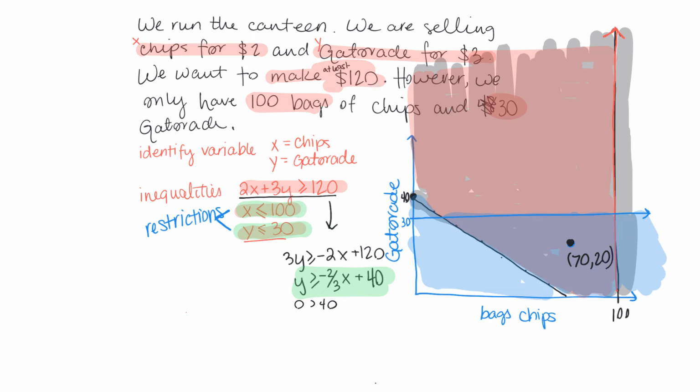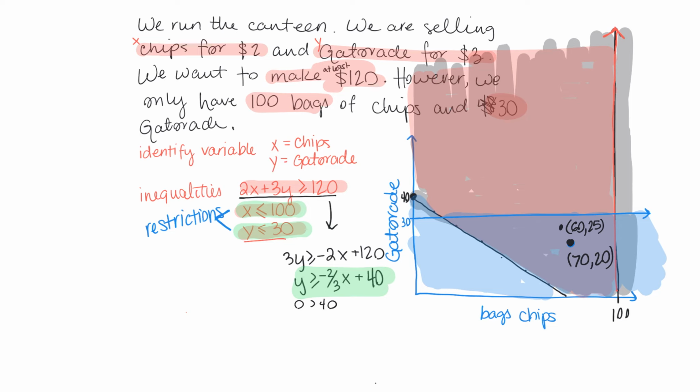You could sell 70 bags of chips and 20 Gatorade. Or you could sell, right here, 60 and 25. And that would work. So you have these different solutions, but you are limited or restricted. You cannot sell 50 Gatorade. You don't have any. You ran out. And that's okay. So there is an end to this.